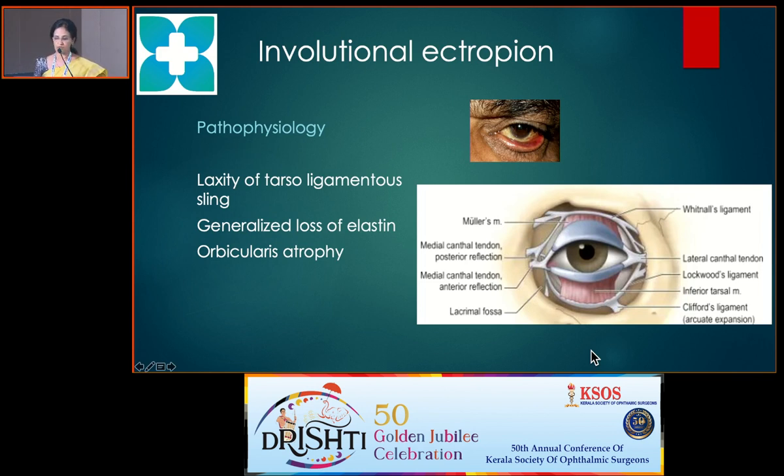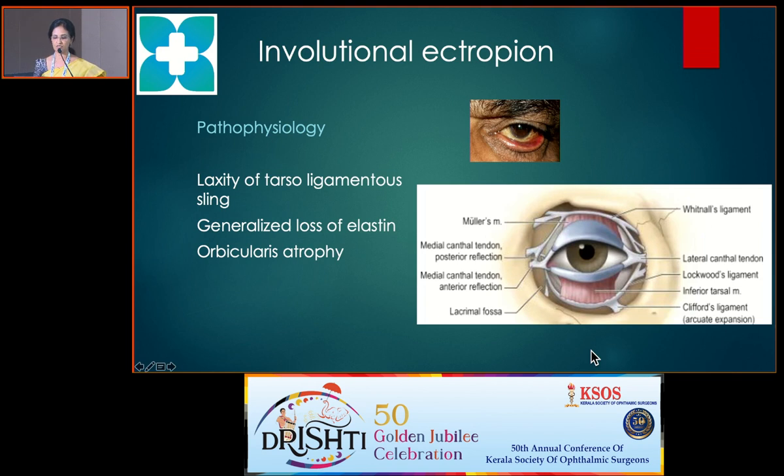Involutional ectropion, before that we have to know what is the support of the lower lid. So the lower lid is supported by a tarso-ligamentous sling, which consists of medial canthal tendon, lateral canthal tendon, tarsal plate, and also capsulopalpebral fascia and orbicularis.